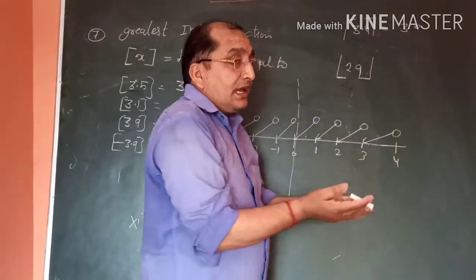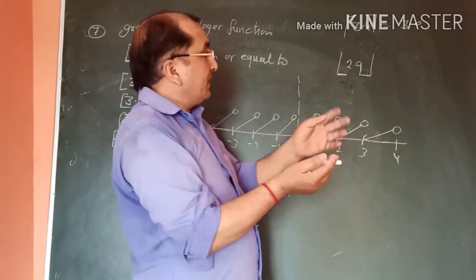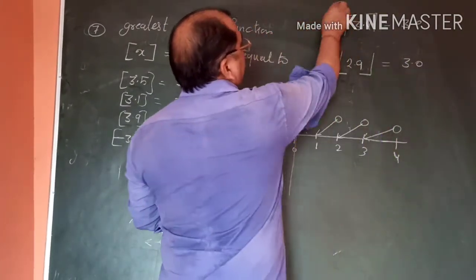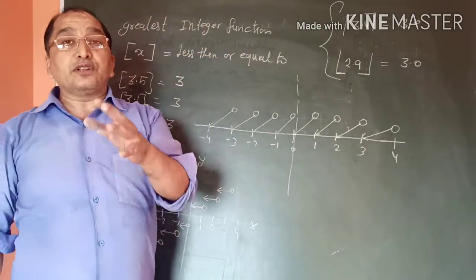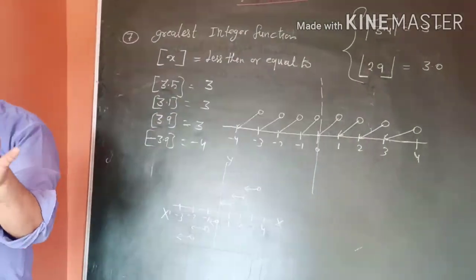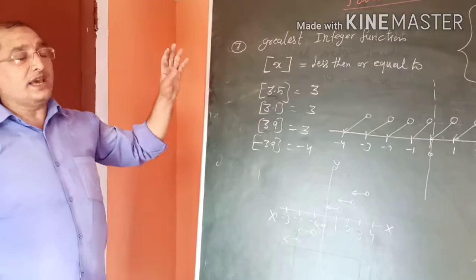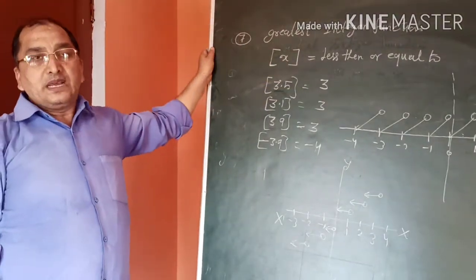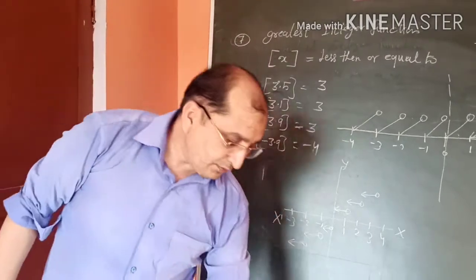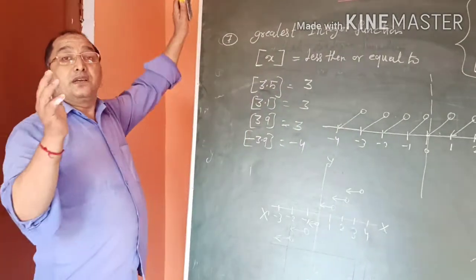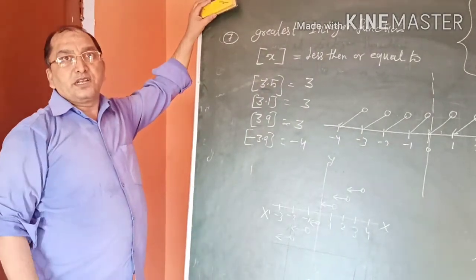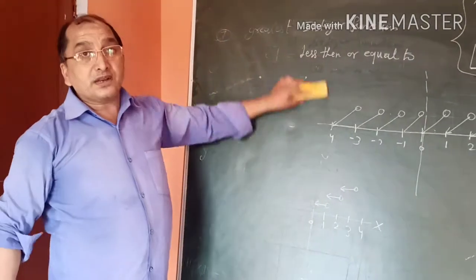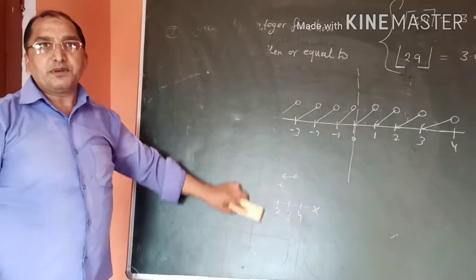The floor function means the upper value will come, so 2.9 gives 3 again. These two types of function are not given in your NCERT books. If you go through other books like competitive books, you will see these types of functions given, and these questions are only beneficial for competitive areas, and these questions will not come in your CBSE examination.